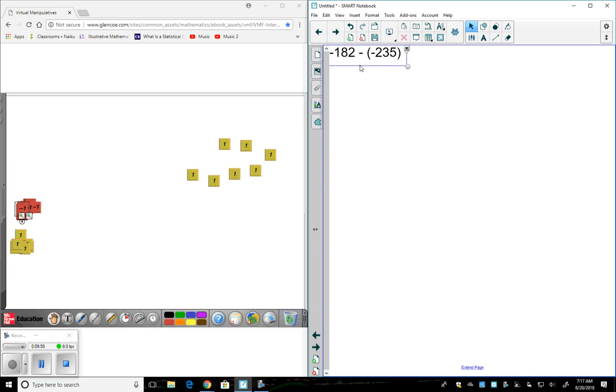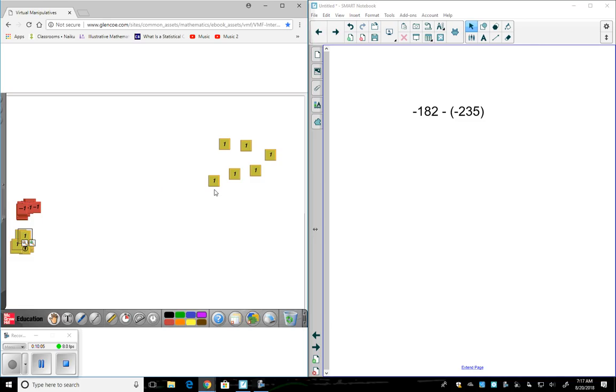Okay, this is the problem. Now, it would be really tedious if I sat here and moved 182 of these tiles together and then another 235. Okay? So I'm going to show you a different way you can do this.